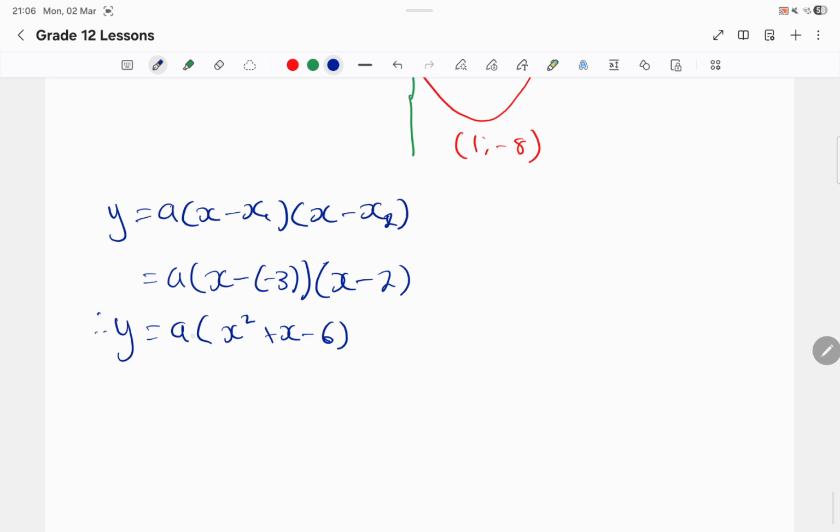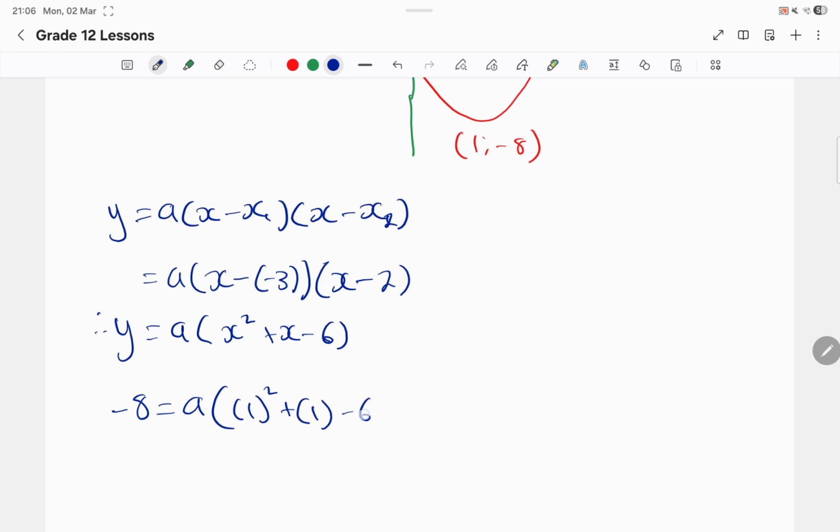What do you do now to get the value of a? You're going to substitute the third coordinate that is given in your graph, which in this case is the turning point. So we will say minus 8 equals a into, we substitute that coordinate here.